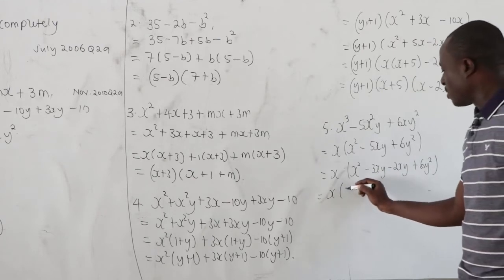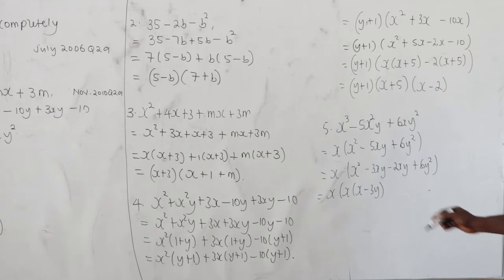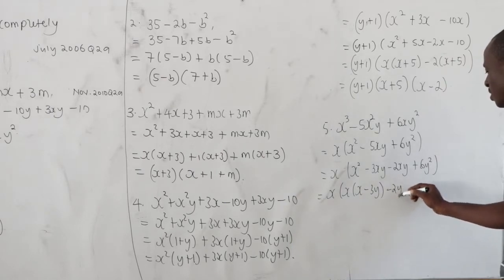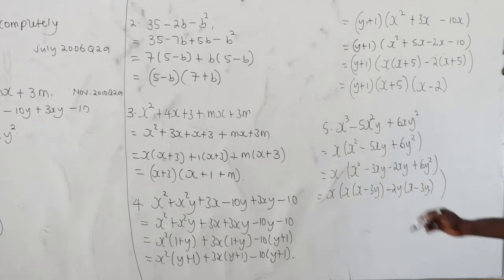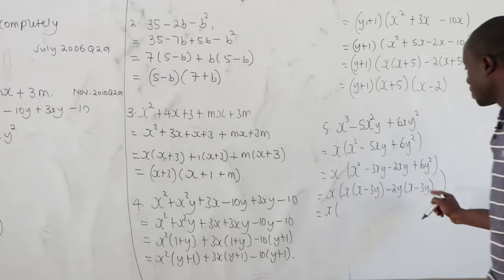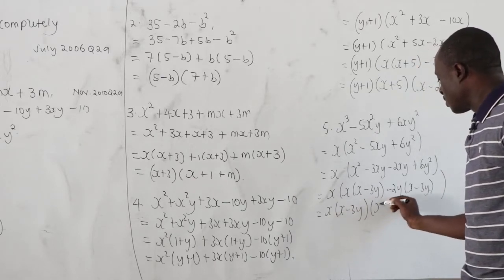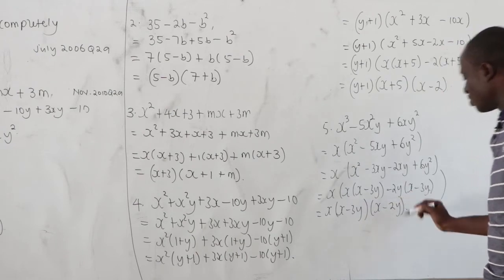What is common here? We have x minus 3y. We have minus 2y. We have x minus 3y. So we have x minus 3y common, then we have x minus 2y.